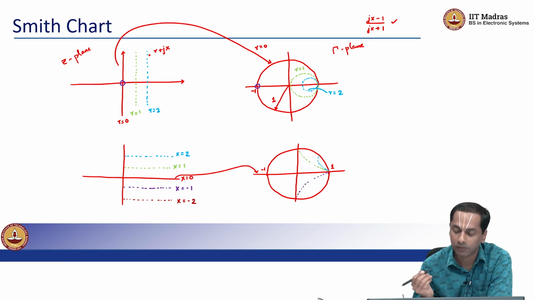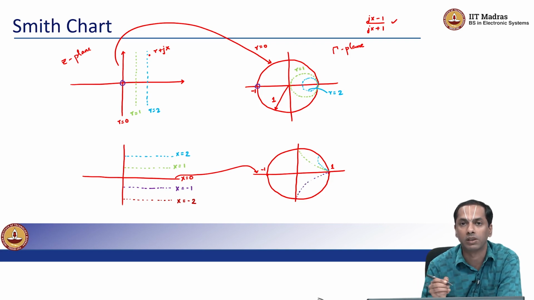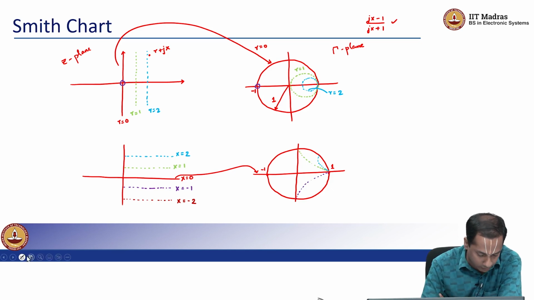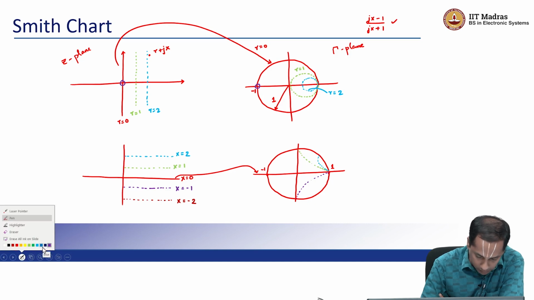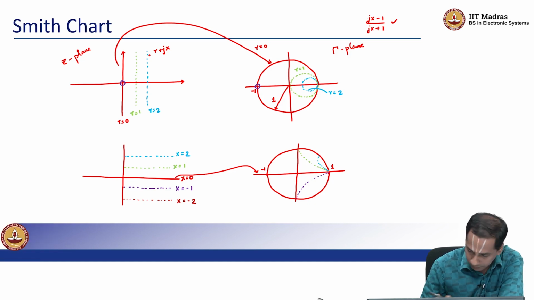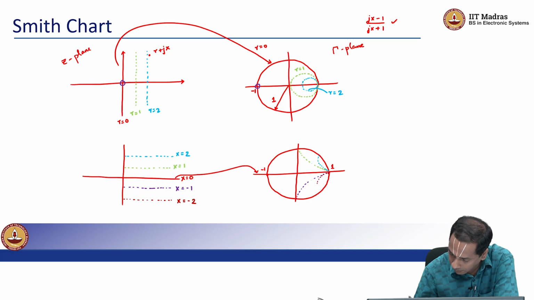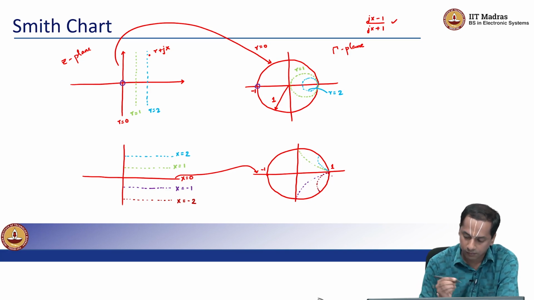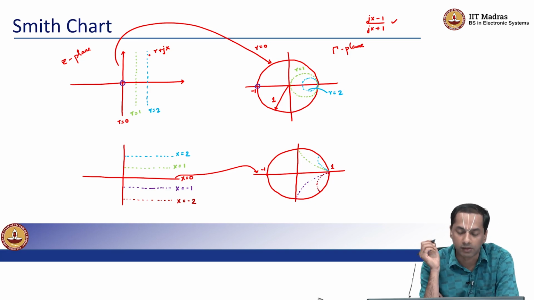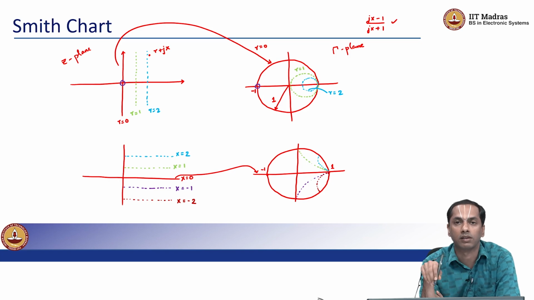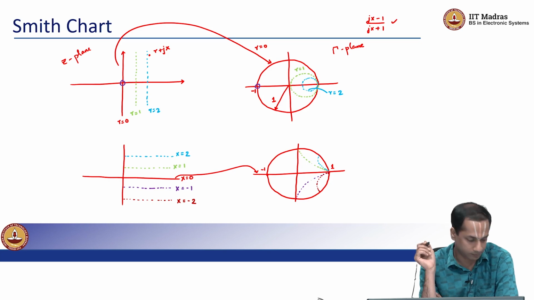They are also part of a bigger circle, but because we know that we are only looking at the right half plane, these circles are truncated. So you can correspondingly look at the constant x lines in the z plane, or the impedance plane, and they happen to be these truncated circle segments in the gamma plane.